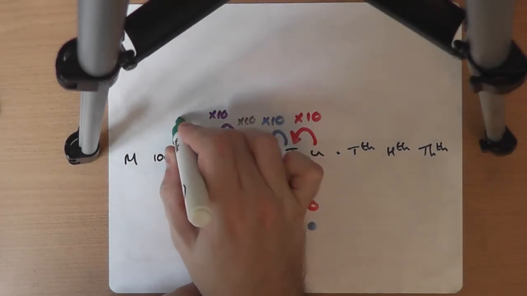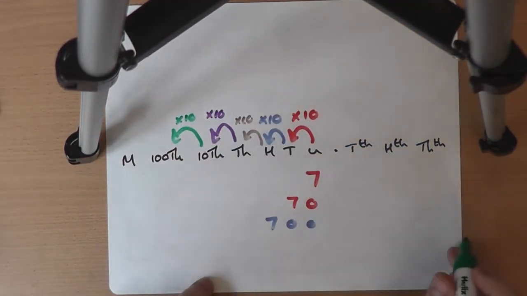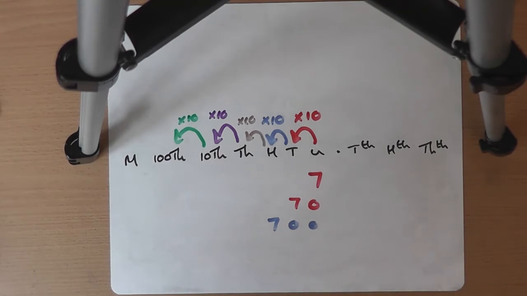And why is that useful? Well, because if we take a number and we shift it one column up in the grid, then what we've done is we've timesed it by 10. We've made it 10 times bigger, so we must have timesed it by 10. If we move it 2 columns up, we've made it 10 times bigger and 10 times bigger again. We've made it 100 times bigger.